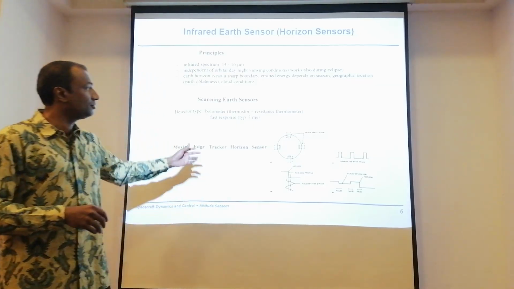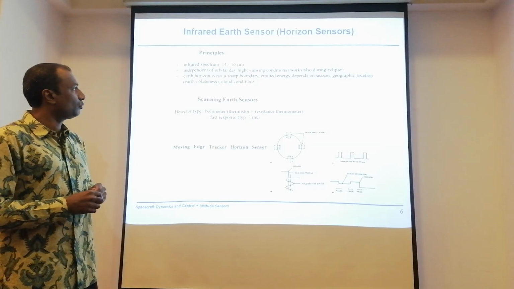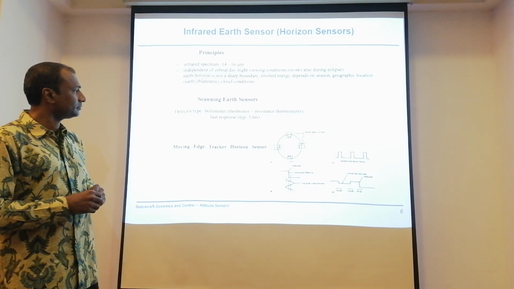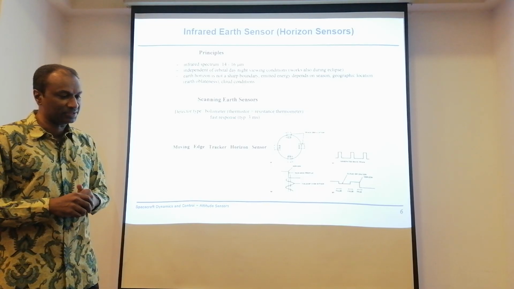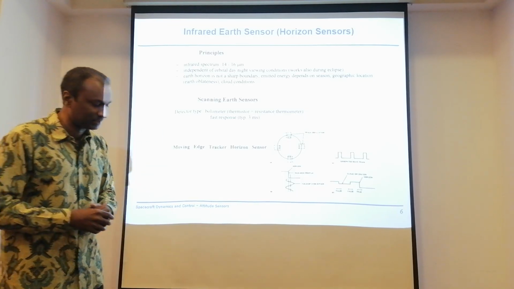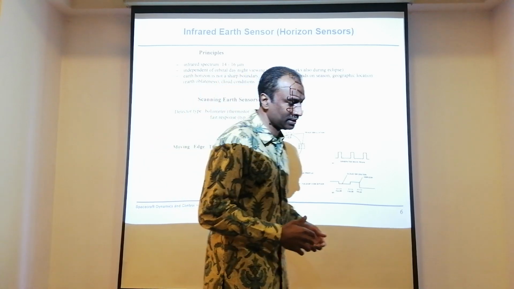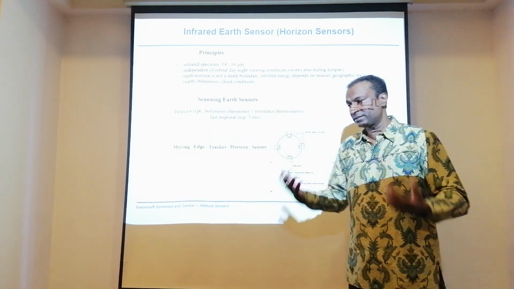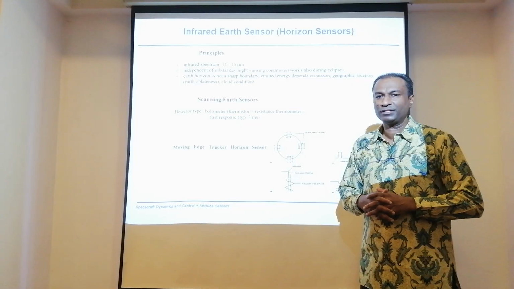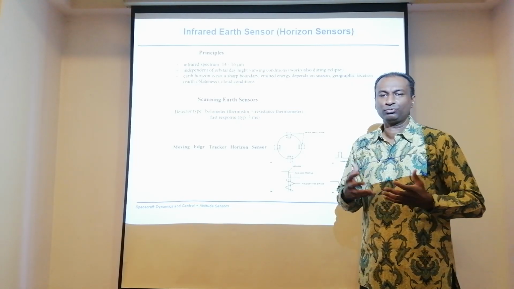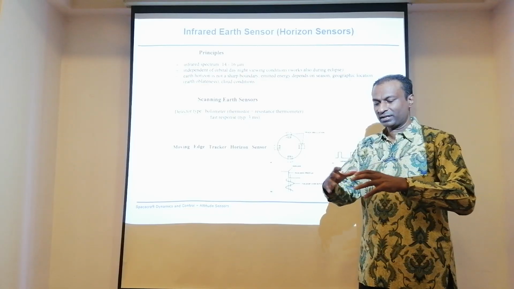The principle of working is just like a thermistor, which senses heat, so to say. Infrared you can also detect at night. So when you have this sensor, you should be able to look exactly at the horizon.